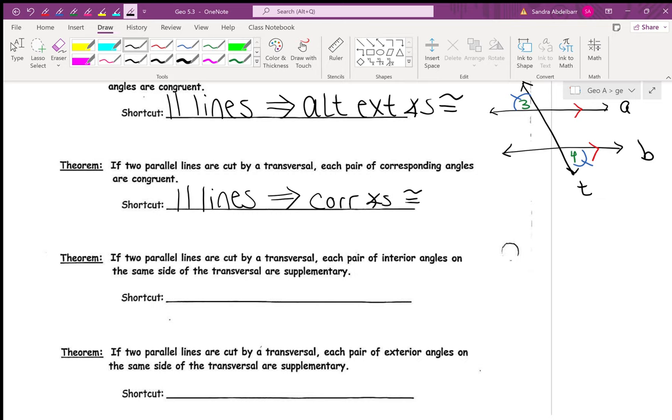What letter went with corresponding angles? Does anybody remember? What letter, Mia? The F. So what does this look like?